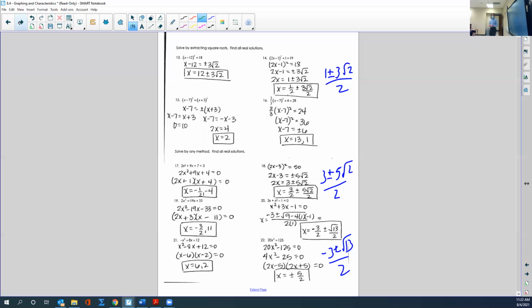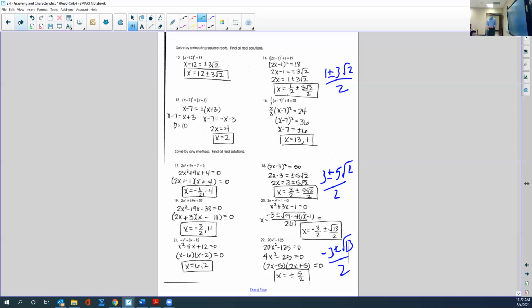For 20, it does not factor, so we can't factor, and we can't square root. So you can use the quadratic formula or complete the square. If you want to avoid fractions, I would use the quadratic formula. You can complete the square on it. 21 factors, but you could use the quadratic formula or complete the square, but factoring is the most efficient.